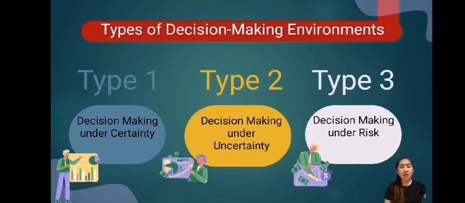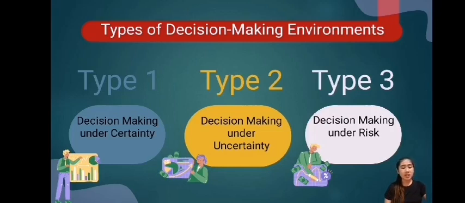Every type of decision that a person makes depends on the knowledge or information they have on the situation. So now, we will talk about the three types of decision-making environments. For number one, decision-making under certainty.